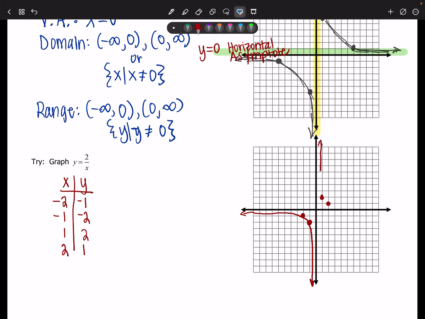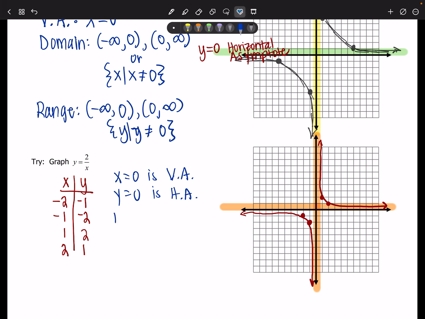Again, a little closer to the origin. And I've got asymptotes at x equals 0 and y equals 0. So x equals 0 is a vertical asymptote, and y equals 0 is a horizontal asymptote.